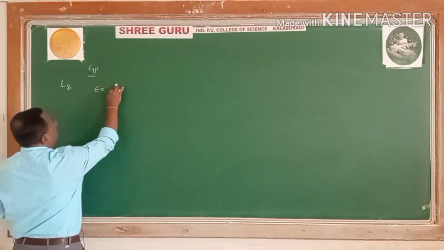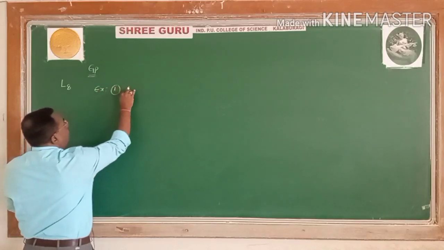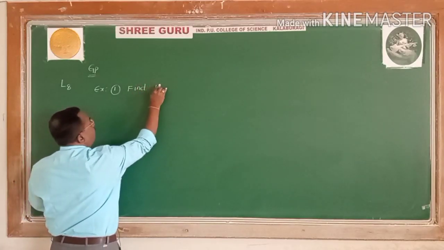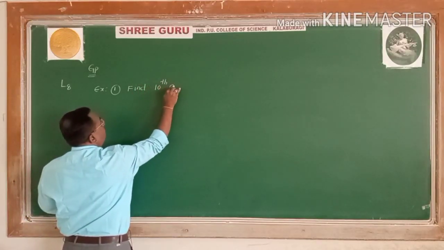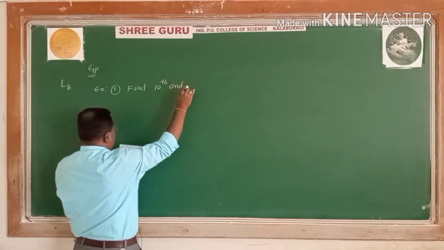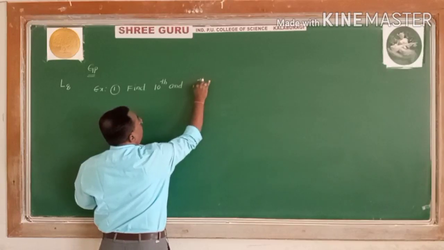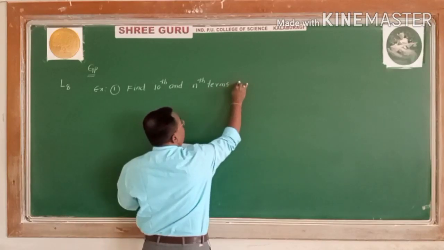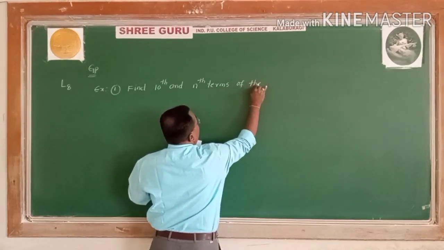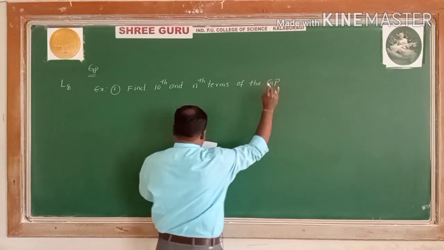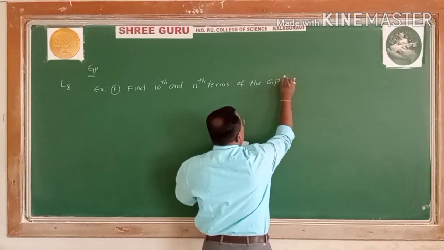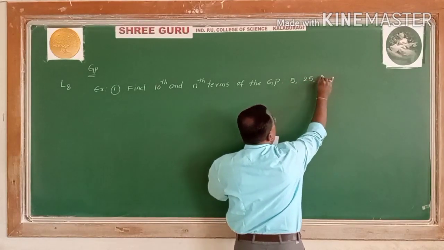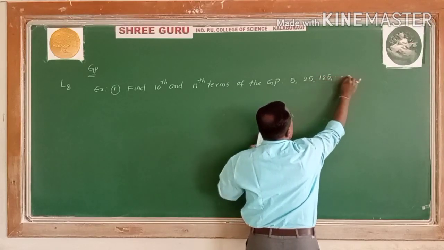Find the 10th and nth terms of the GP 5, 25, 125 up to so on.